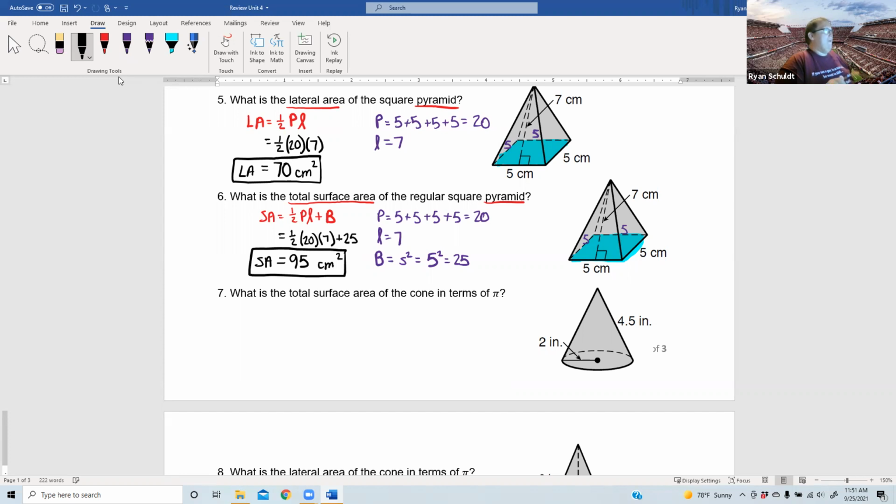Okay, now we have a cone. They want us to find the total surface area of the cone, and they tell us to put it in terms of pi. So we do not put pi in the calculator. What's our formula for total surface area of a cone? It's going to be pi RL plus pi r squared.